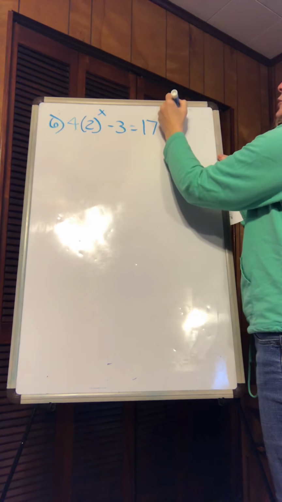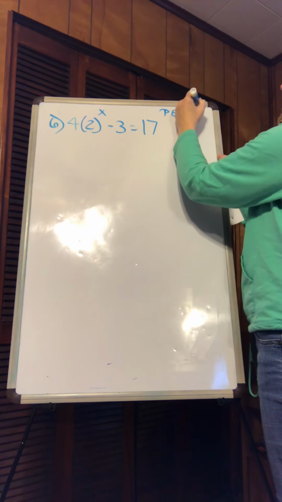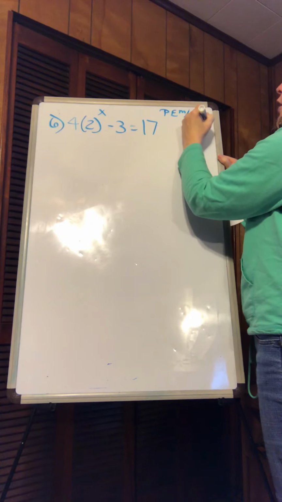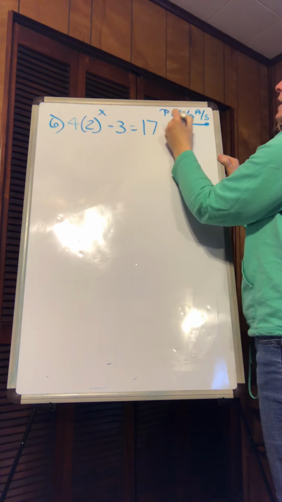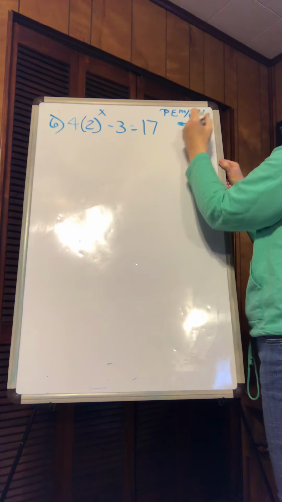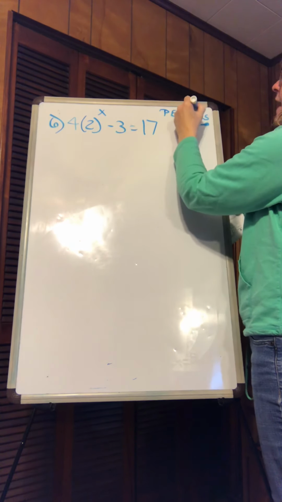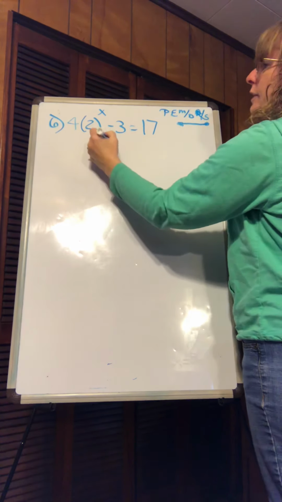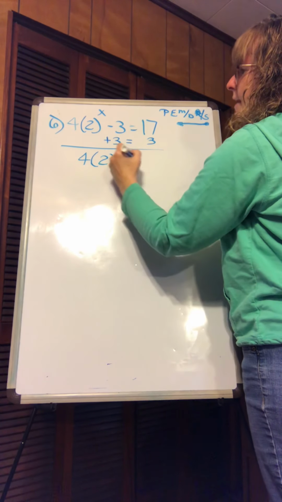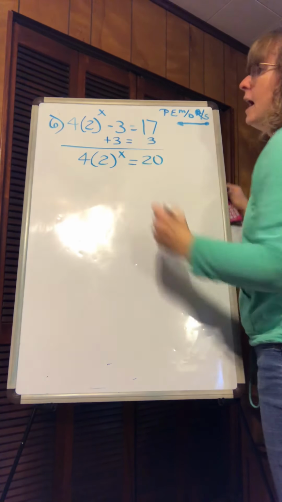Please excuse my dear Aunt Sally. We are starting here and working it this way. Add, subtract. Well, here's a subtract. That means I have to add. So let's do that. Now I have 4 times 2 to the x is equal to 20.